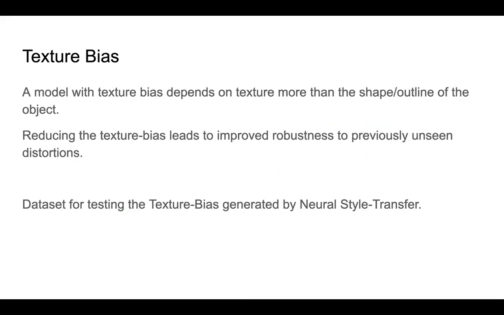All right, so now let's focus on texture bias. This is a really important type of bias that we may want to eliminate in any computer vision application or model.